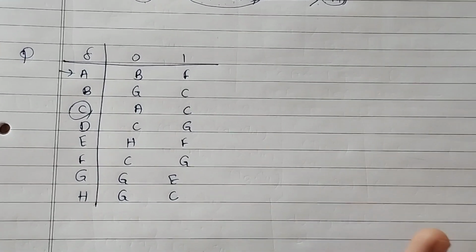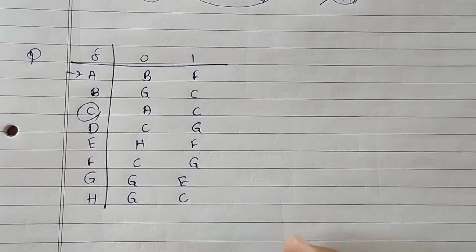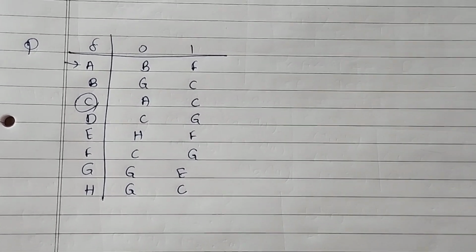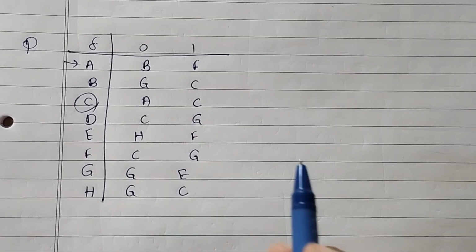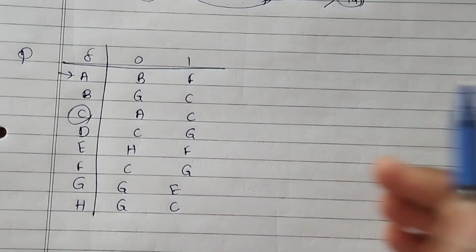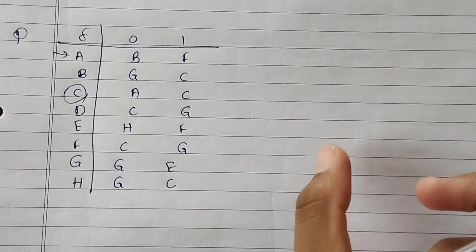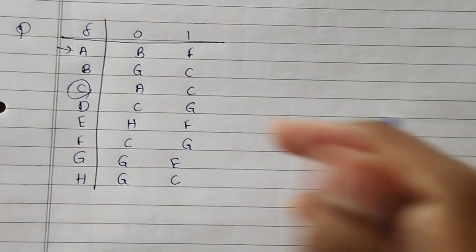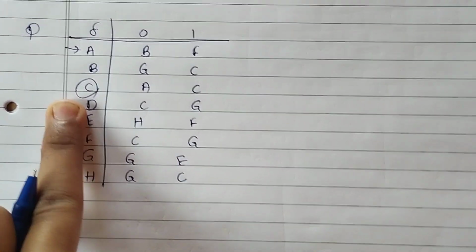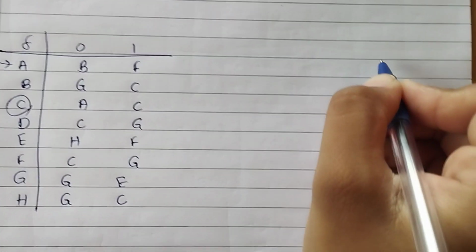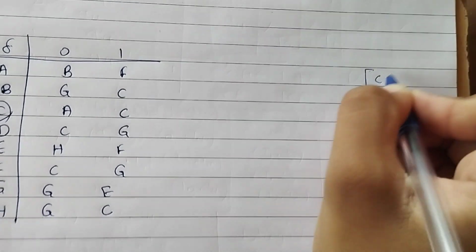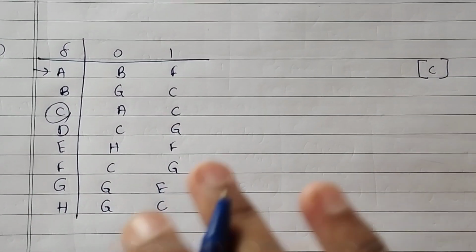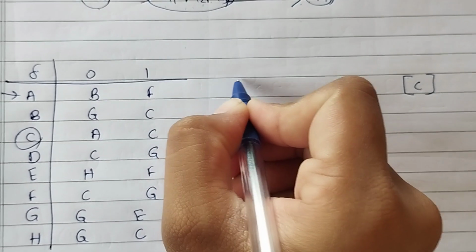Here instead of the diagram we have a transition table. So from this we draw the minimization DFA. How, let's see. So as before, collect acceptance states in one group and non-acceptance states in another group. So here only one single state C is the acceptance state, so here C is a separate acceptance state, and the remaining A, B, D up to H are in one group.